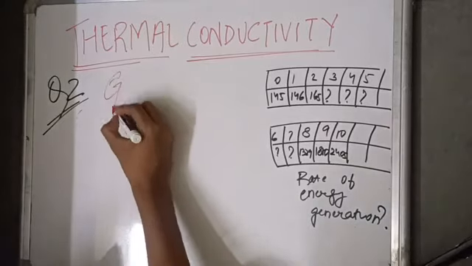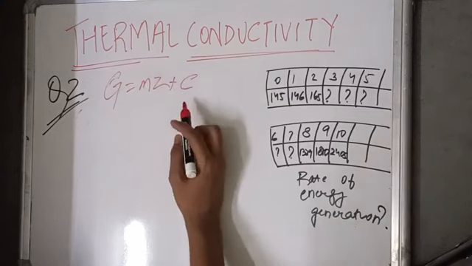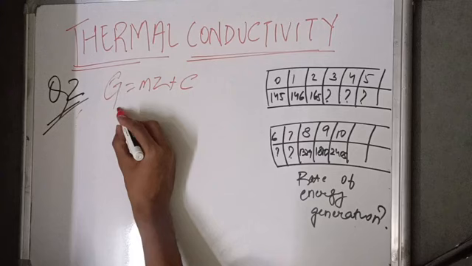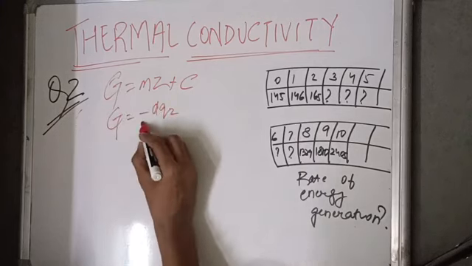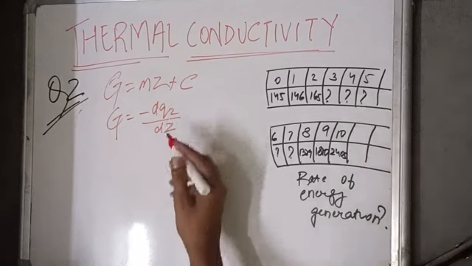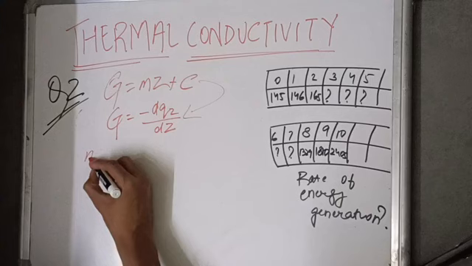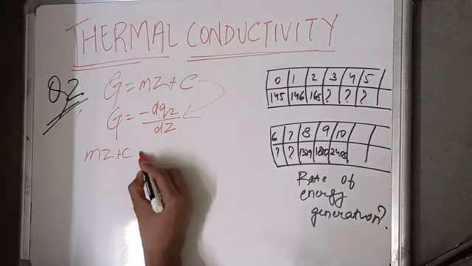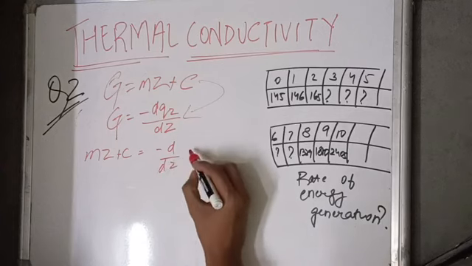We have got G equals mz plus c, and we know that dq by dz. Putting this in this, we got mz plus c equals minus d by dz.